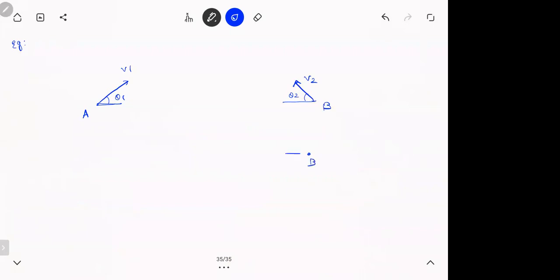So for B, first divide the velocity components: V2 cos theta 2, V2 sin theta 2, and V1 cos theta 1, V1 sin theta 1, this is for A. So divide the velocities along i cap and j cap.